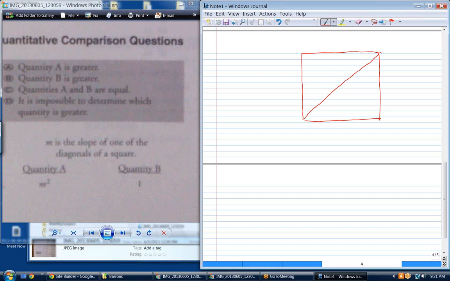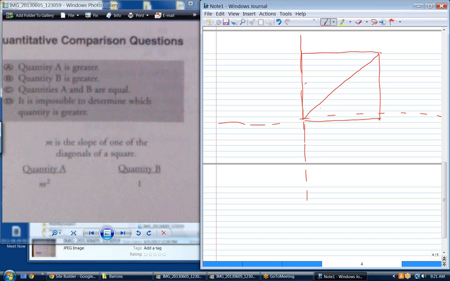If I were to draw an XY coordinate scale running through here, what's the slope of a line that has a 45-degree angle? It's going to be the square root of 2. Remember, don't confuse this with dimension. They're not asking about the length of this line.